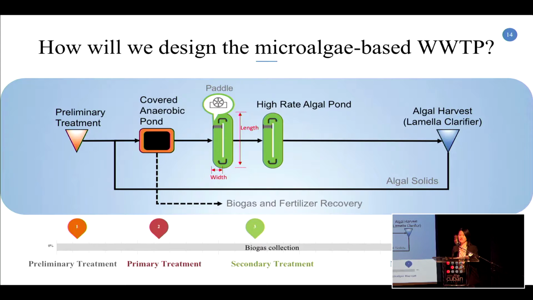We will use the covered anaerobic plant to digest the pollutants in the wastewater using anaerobic digestion. And the third one, we will use the high-rate algal plant as a secondary treatment process to further digest the organics and inorganics in the wastewater. And the final is we will use the algal harvest method to collect the biomass and resupply it to the covered anaerobic plant.